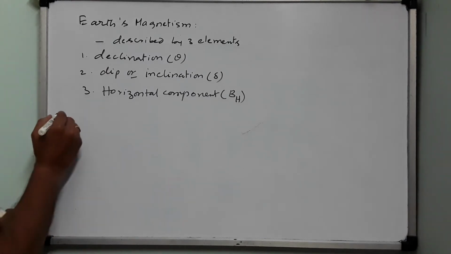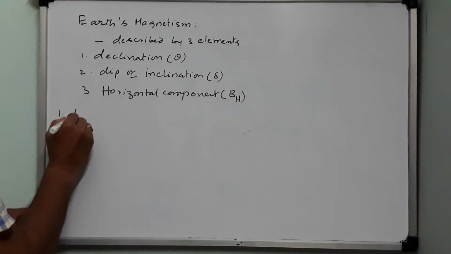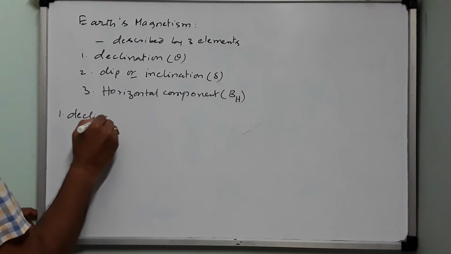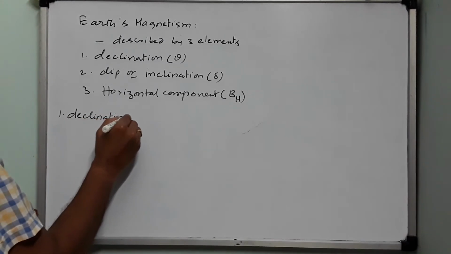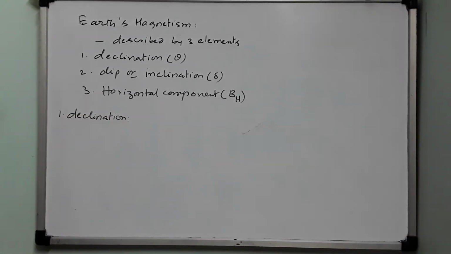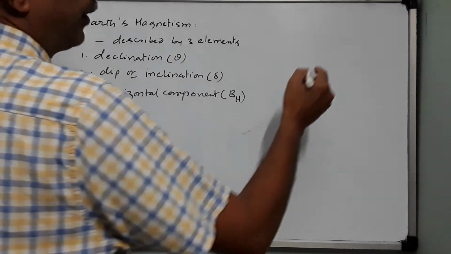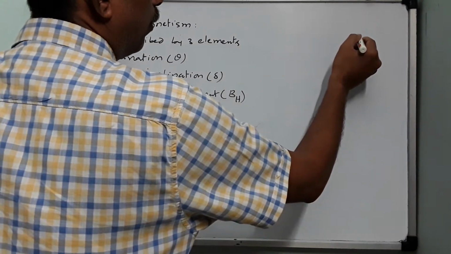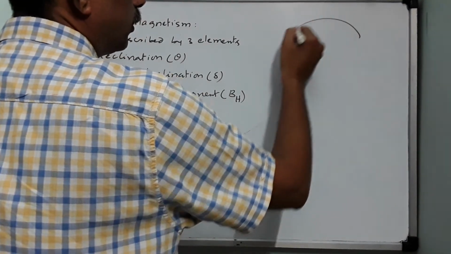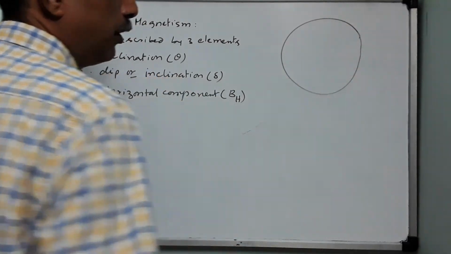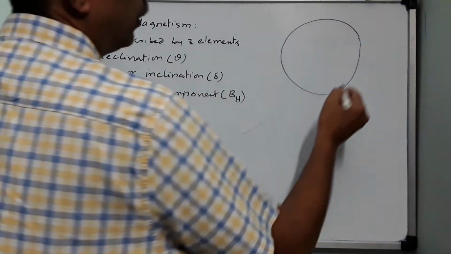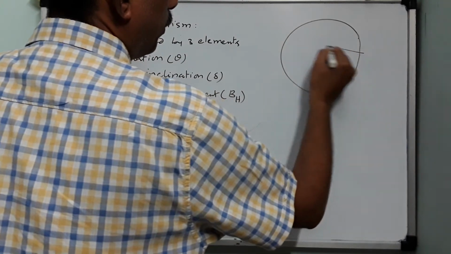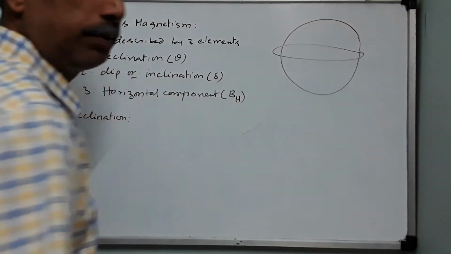First one is declination. Right. Now just look at the diagram, children. Earth is spherical in shape. This is actually the equatorial plane of the earth.